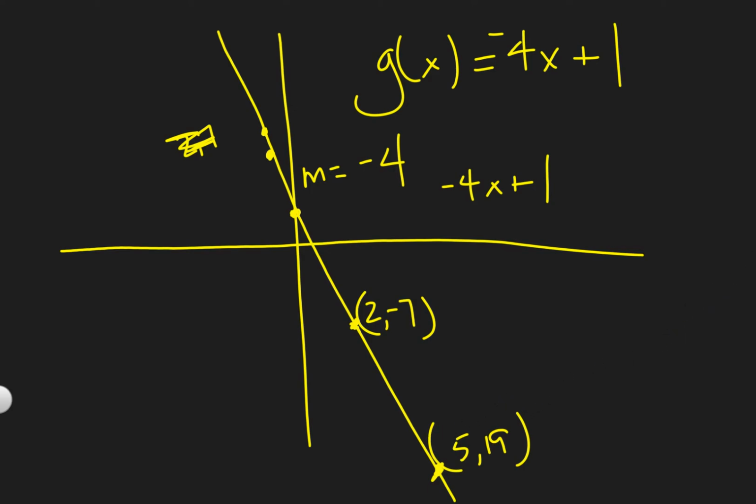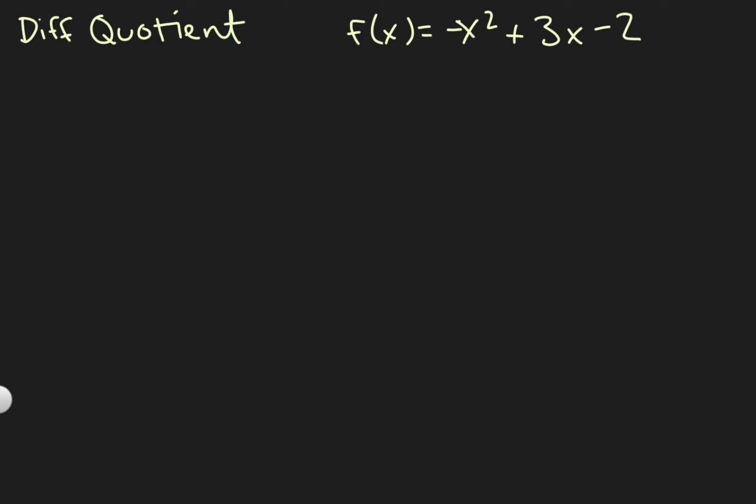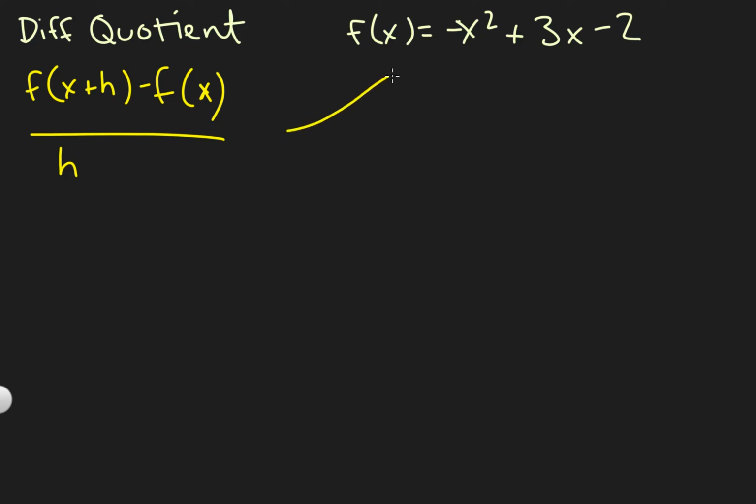All right, let's go on to the difference quotient. So remember, my difference quotient is my f of x plus h minus f of x over h. Now, you don't have to memorize this as long as you remember that what you're looking at is your x, and then the second point is going to be a distance of h away from x.